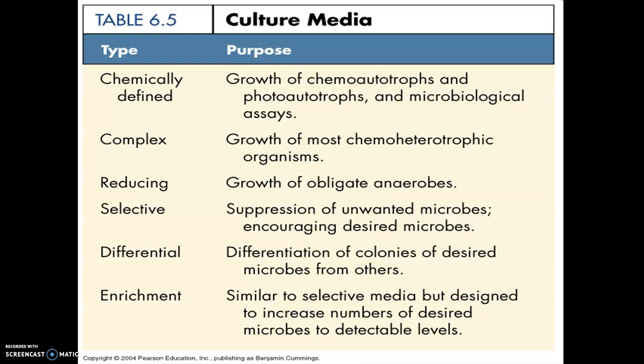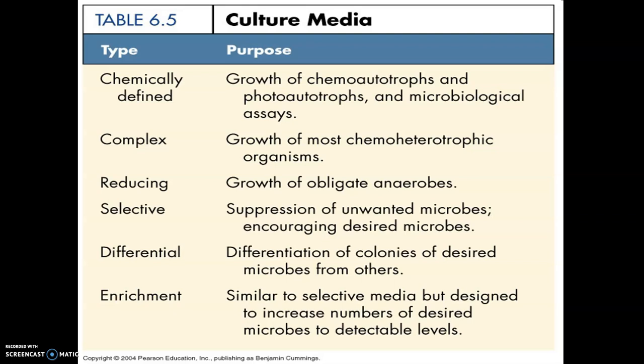All right, so this picture, not super duper important, just to talk to you a little bit about this kind of stuff. This is on page 162, and this is just talking about the different types of media, okay? So the media that we pretty much use in our lab is called complex media. That's used to grow just the regular, normal, everyday chemoheterotrophic bacteria, okay?